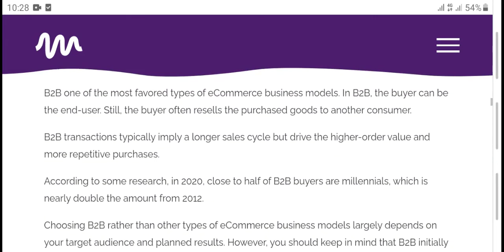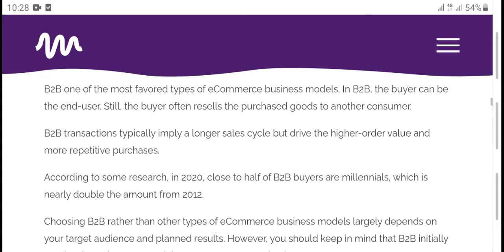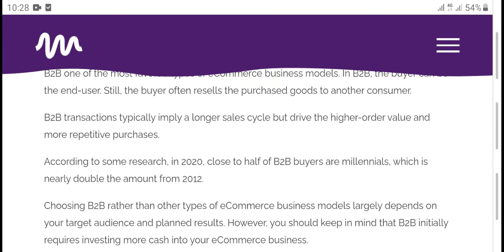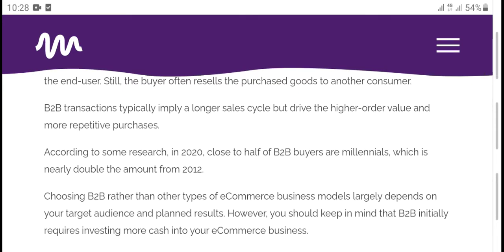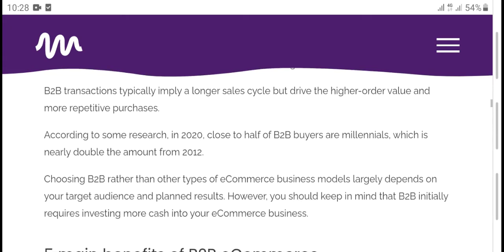B2B is the most common type of e-commerce business model. B2B buyers can enter longer sales cycles, driving high order value and more repeat purchases.